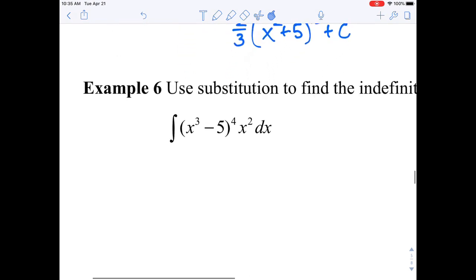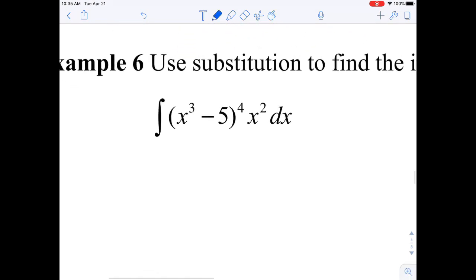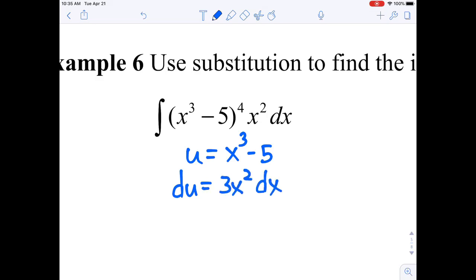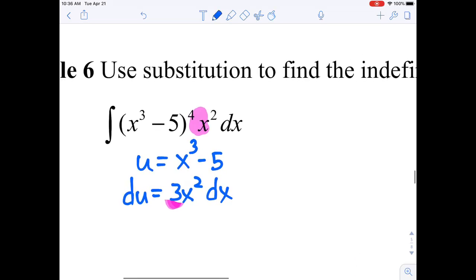Okay, let's look at the next one. If I let u equal x to the 3rd minus 5, then du is 3x squared dx. But I don't have a 3 in here. So I need to make this 1/3 u to the 4th du.